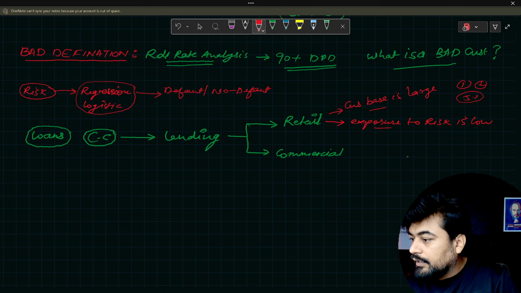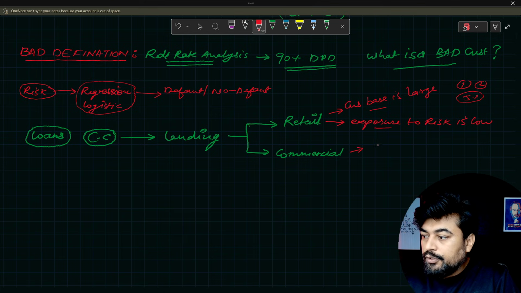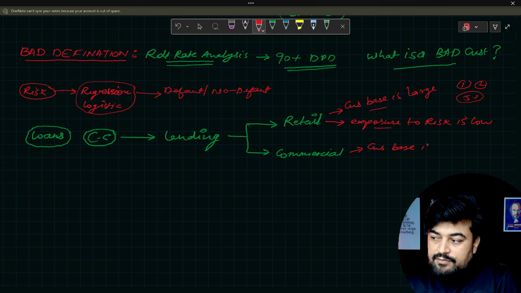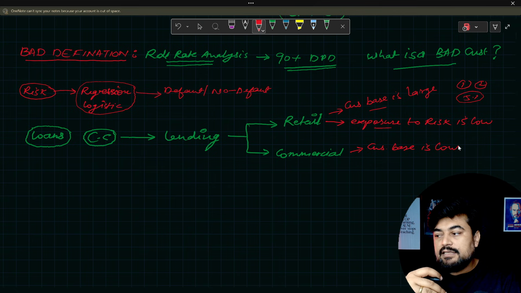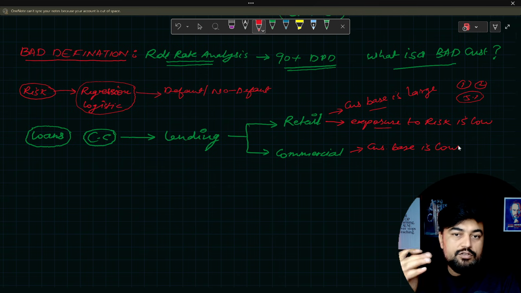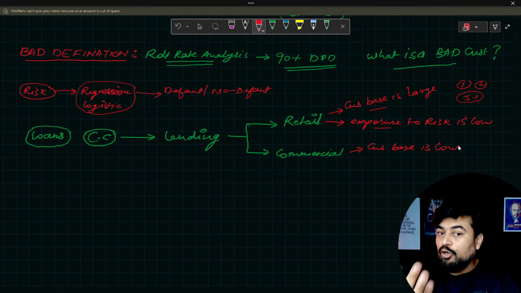In the commercial one, your customer base is very low. What is commercial? Commercial means companies, small industries. For example, let's take the example of Infosys. Infosys wants to build a campus in Pune, so Infosys goes for a loan. That is a commercial loan.